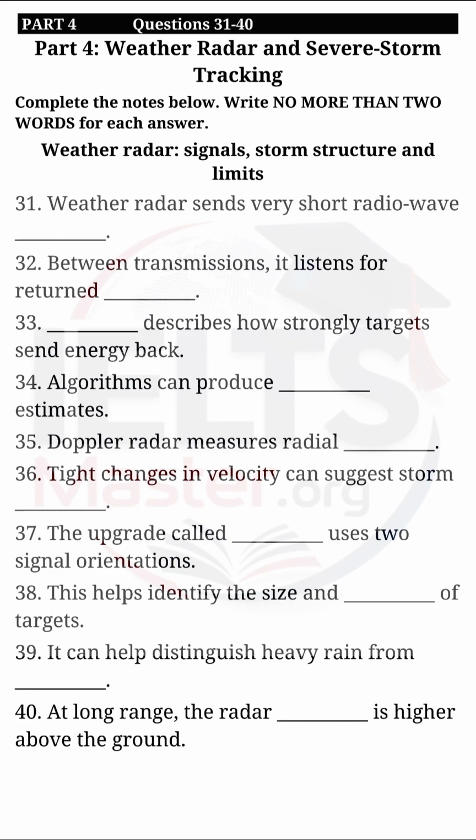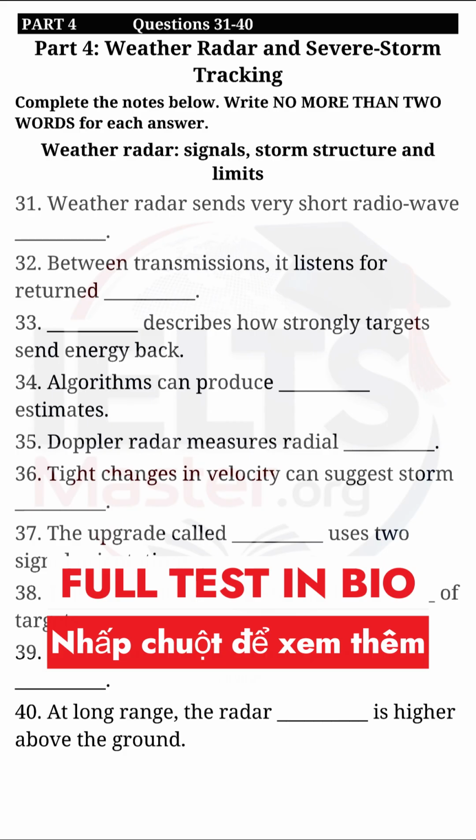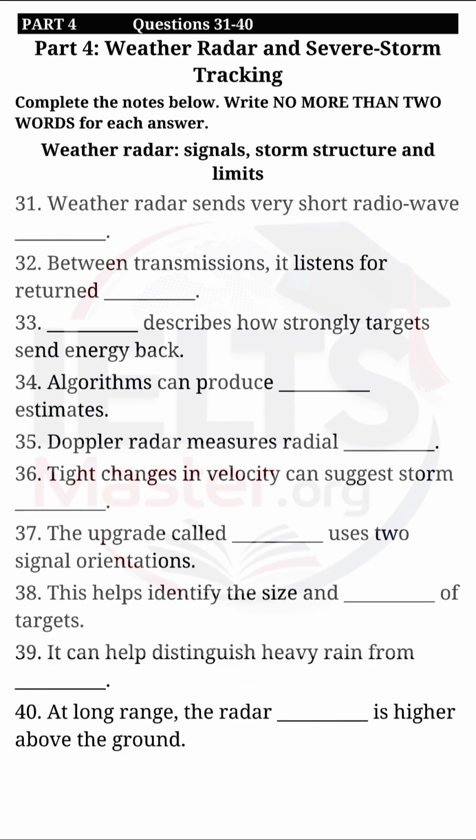Forecasters combine radar with satellite imagery, surface observations, lightning data, and reports from trained spotters. The value of radar lies in its speed and detail, but it must be interpreted in context. So, weather radar is best understood as a measuring system. It provides information about returned energy, motion, target type, and storm structure.